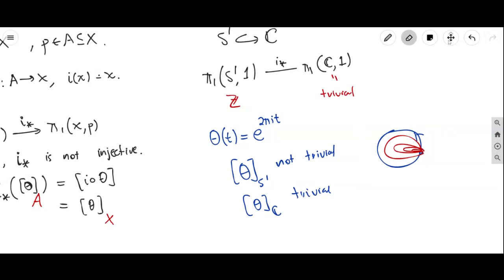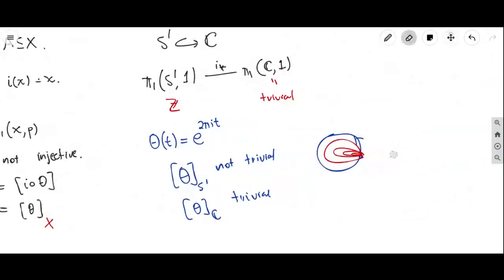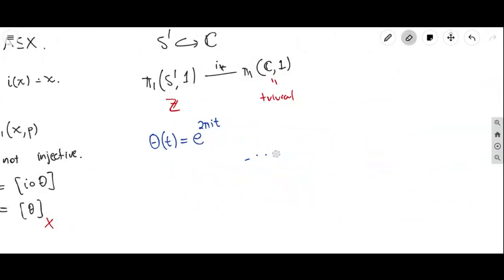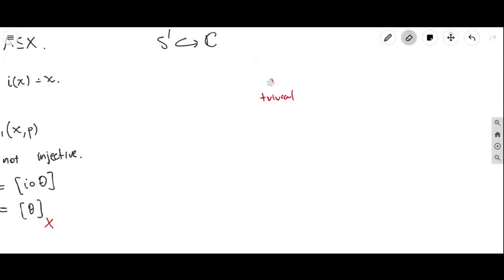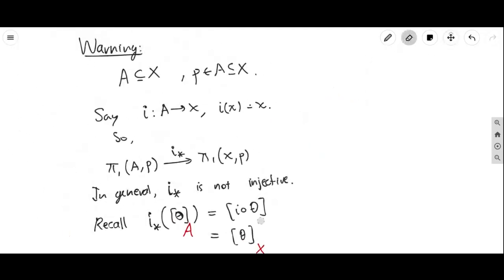So just because it looks like the homotopy class of theta is being mapped to itself, that does not mean this is an injective mapping. In actuality, it's mapping a homotopy class into a larger space, and in the larger space, the homotopy class may become trivial. So this is the part where one has to be extremely careful: it might look like an inclusion, but it is not necessarily an inclusion.